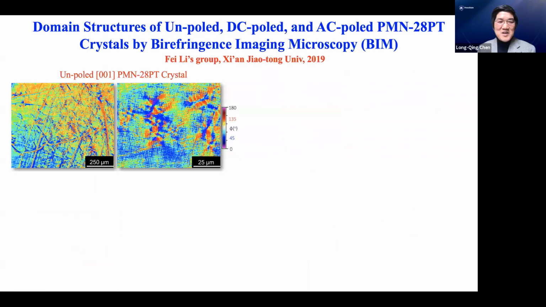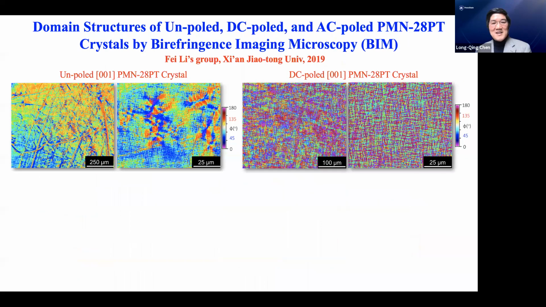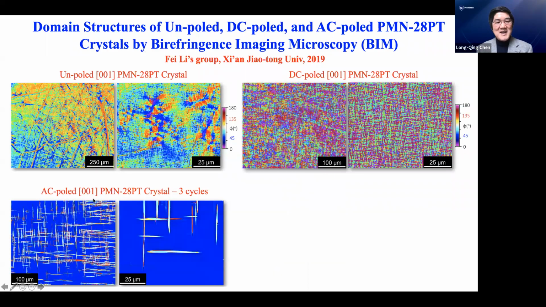So these are the images from the birefringence imaging microscope, or BIM. This is unpoled, and it is a pretty messy domain pattern. This is DC poled, with quite fine domain structures. Now AC poled, after just 3 cycles, you really see very few 71-degree domain walls.